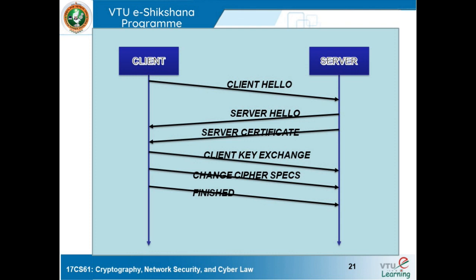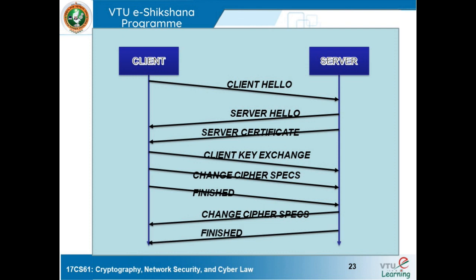Now the server sends back the change cipher spec and also the finished message to the client. At the end of step 4, the client and the server are able to verify the integrity of the messages that are exchanged prior in the handshake, and also the client is able to verify the authenticity of the server.